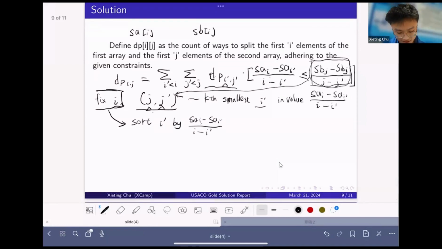But then how do we speed up this solution into an n cube solution?